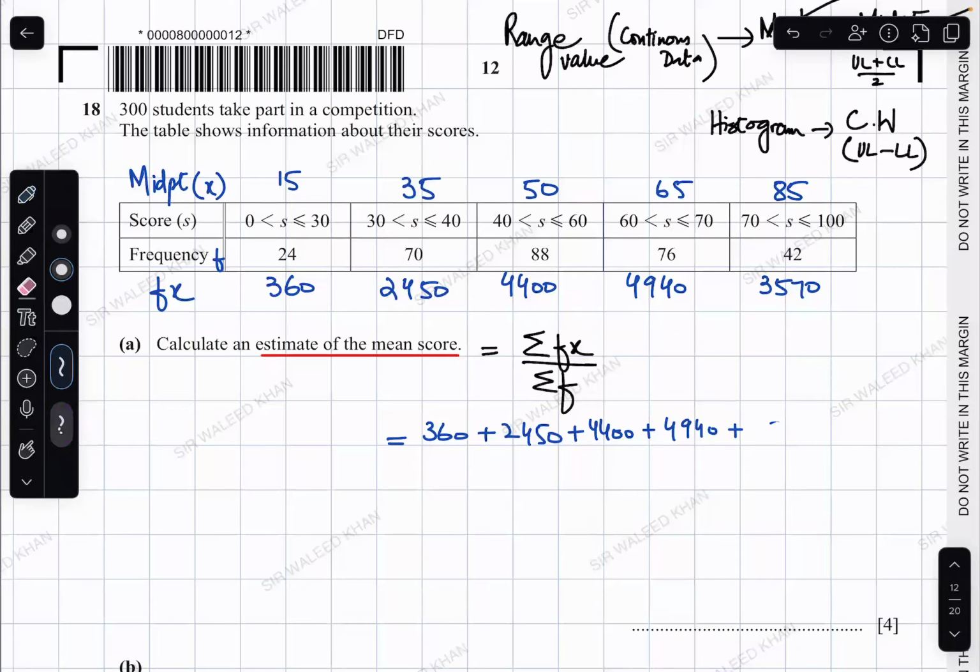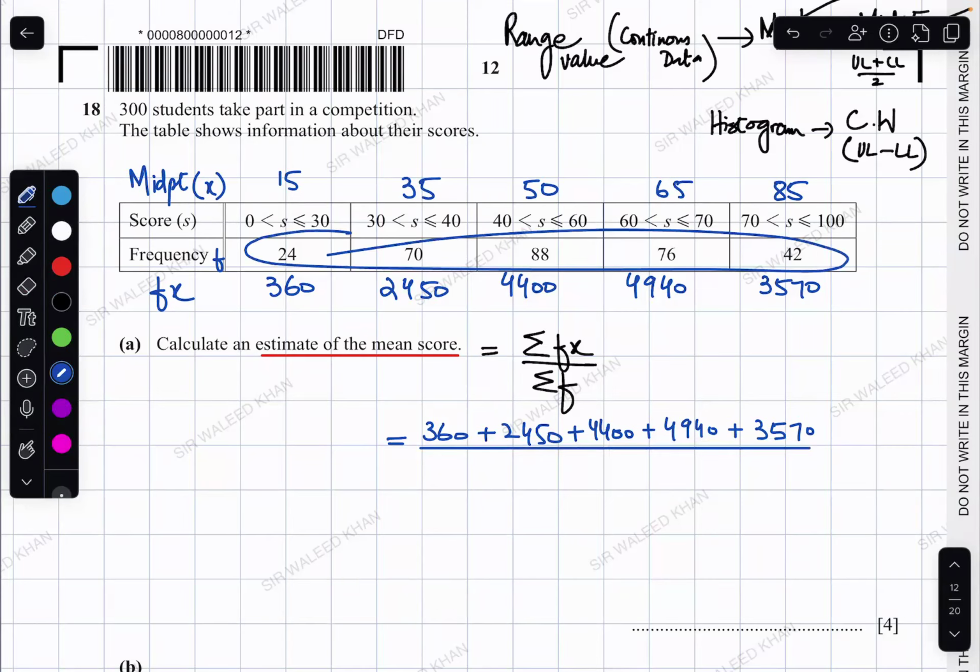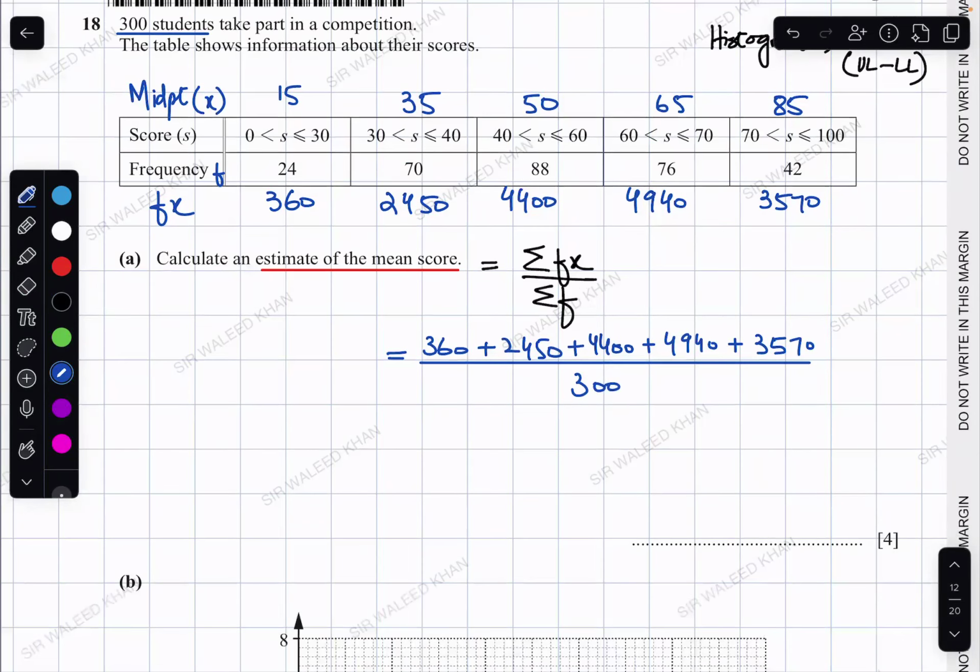So it's a 4-mark question, which needs working. You have to show some working, like this, divided by the total of frequencies. So either you add them all up or you just write directly 300. So this should be 52.4.